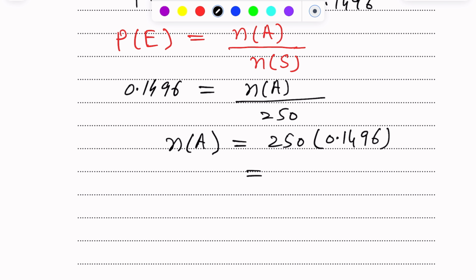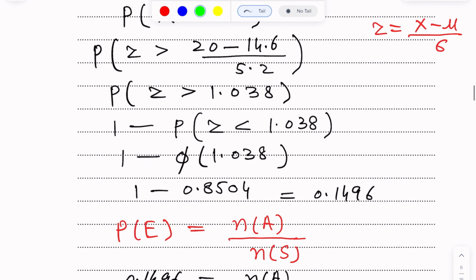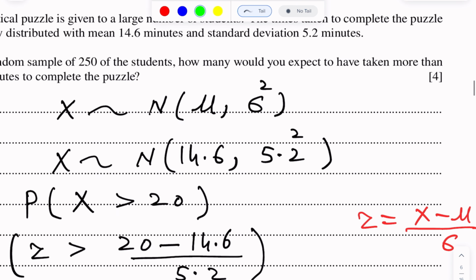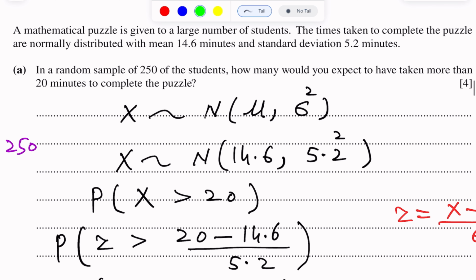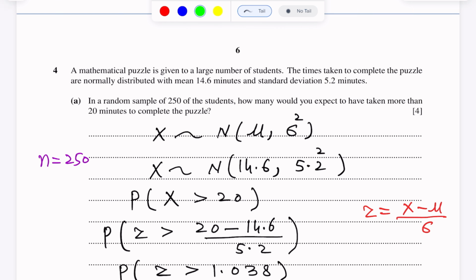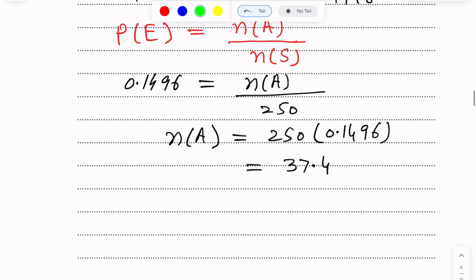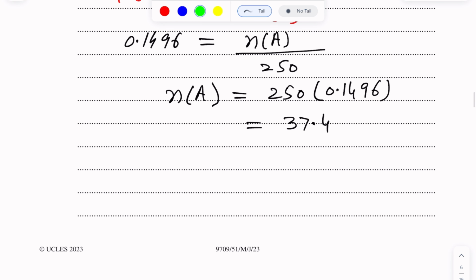Finally, we get 37.4. This is a fraction, but we have to find the expected number of students, so we will write it in a rounded, integral value. 37.4 means 37.